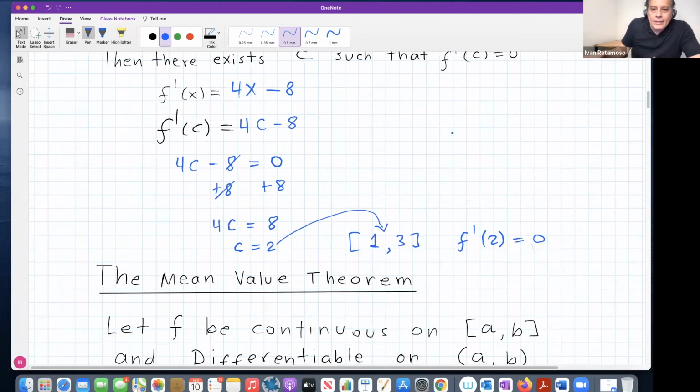Very good. Now let's talk about the mean value theorem, the general version of Rolle's theorem, the generalization.